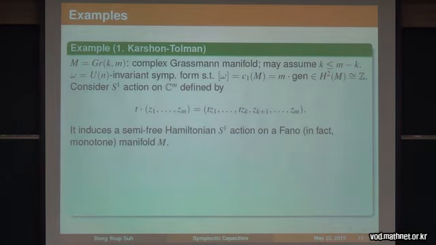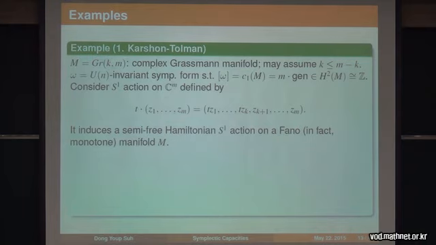Now consider an S1 action on C^m. By the way, this Gromov width has nothing to do with group actions. This definition has nothing to do with group action, but the Gromov width is very difficult to compute.